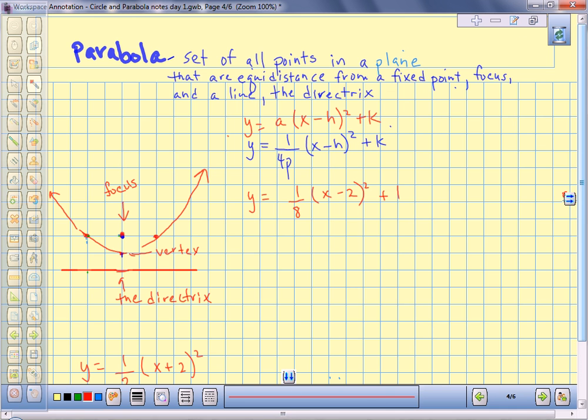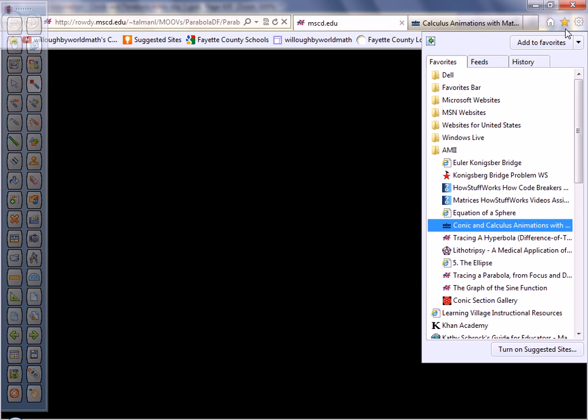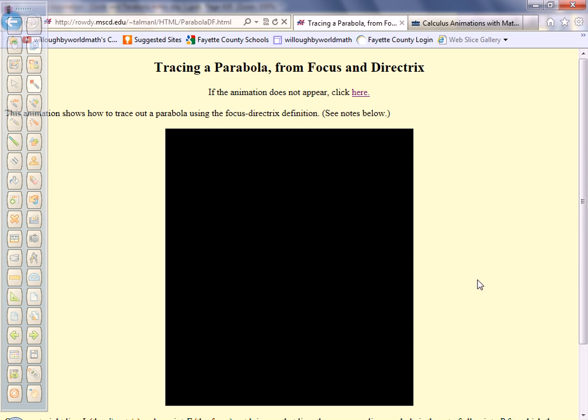Is this another animation? Yeah. Hold on. It says if it does not appear, click here. I know what it says. I think I've just somehow stopped it. Okay, we'll go back and do it the long way. I just left it up too long. It worked fine last period. We didn't want to see it.